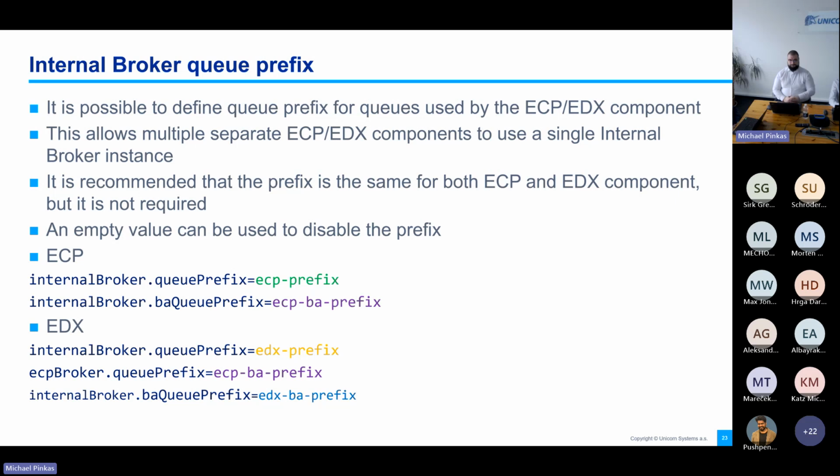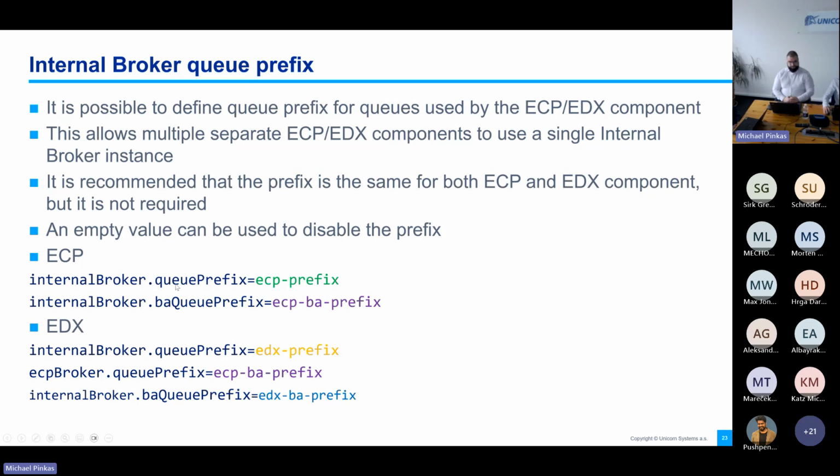It is somewhat recommended to use the same prefix on the endpoint and toolbox. It really simplifies the configuration and helps not to make mistakes. So here we can see the properties.